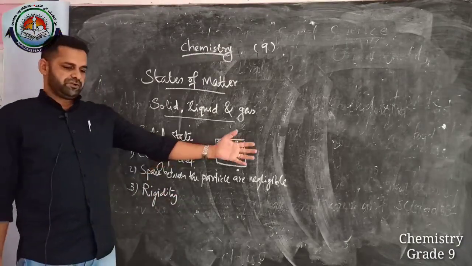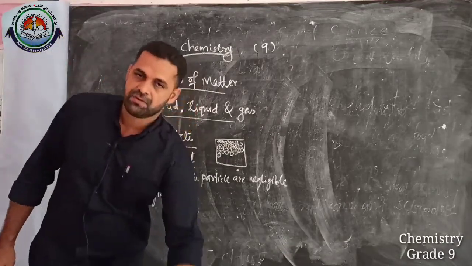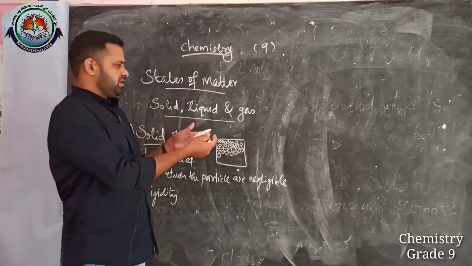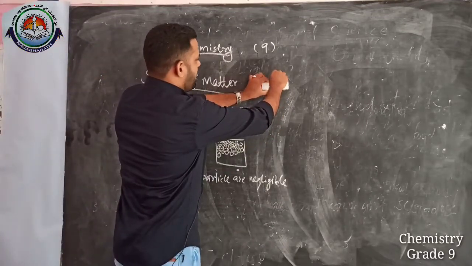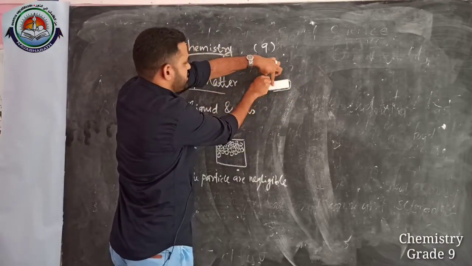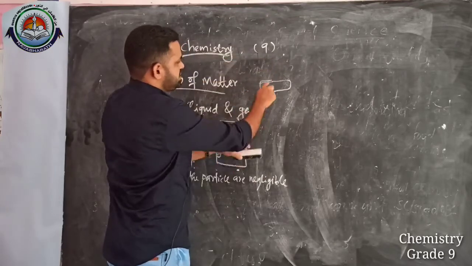If we take many types of substances, for example, if this is a solid particle, when we draw an outline with a pencil or any other substance, here I am drawing with a chalk, you can see there is an outline.